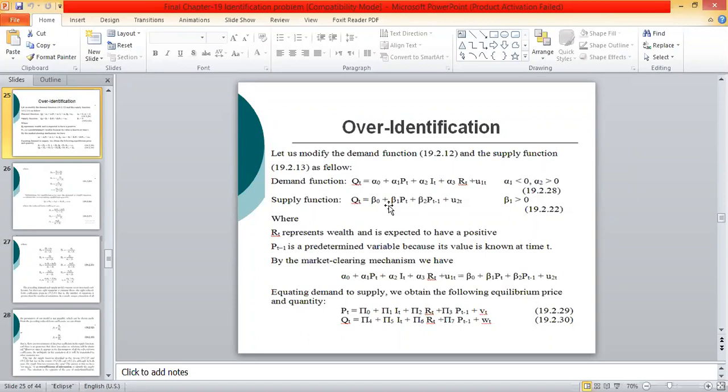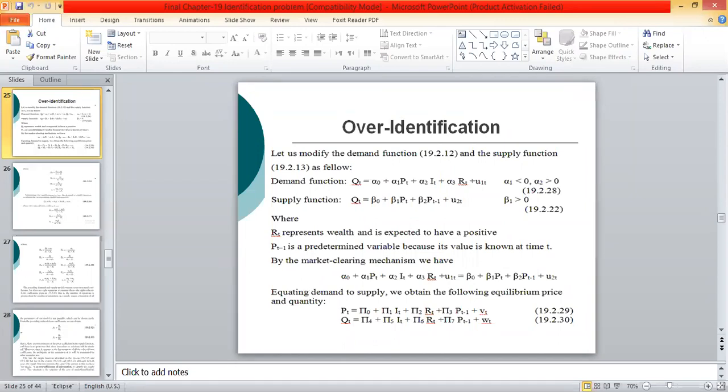So we have looked at the four cases. In the first case, both the demand function and the supply function are unidentified. In the second case, the demand function is unidentified while the supply function is exactly identified.